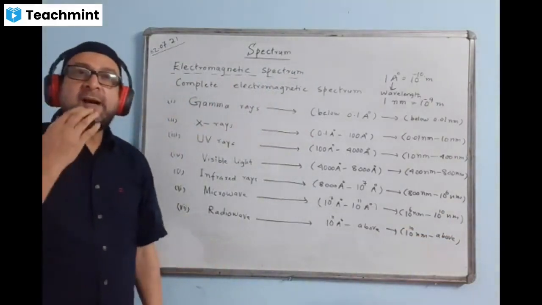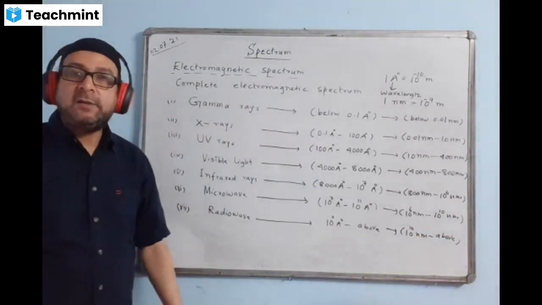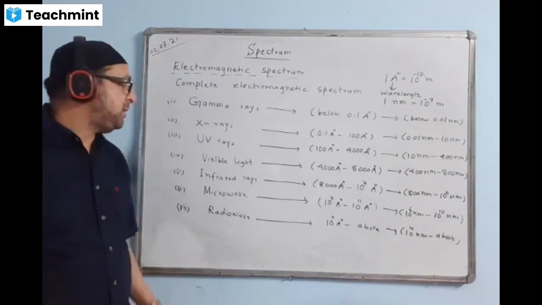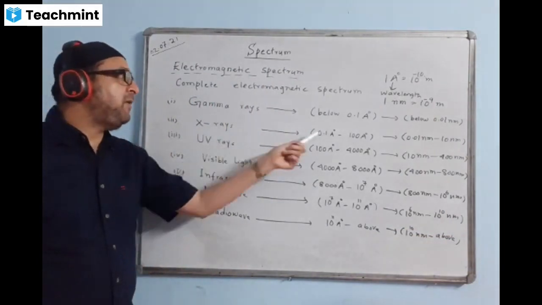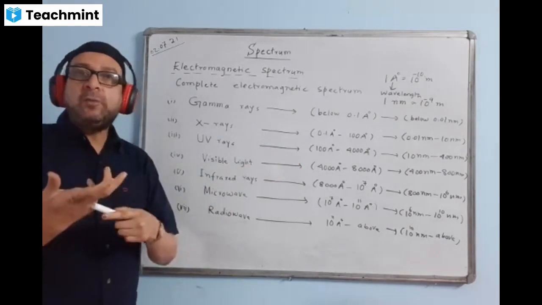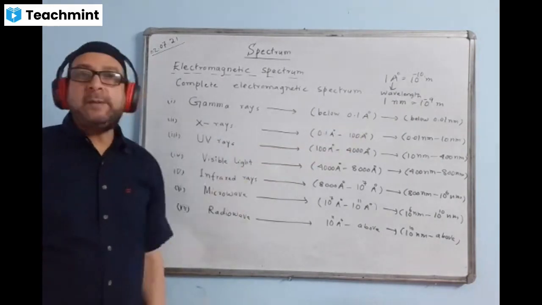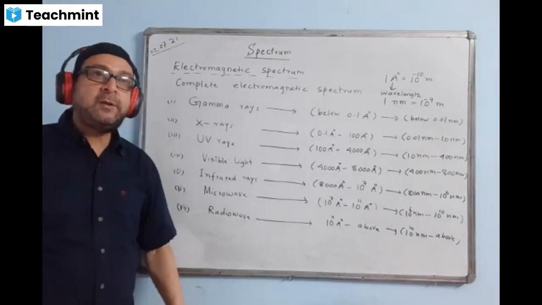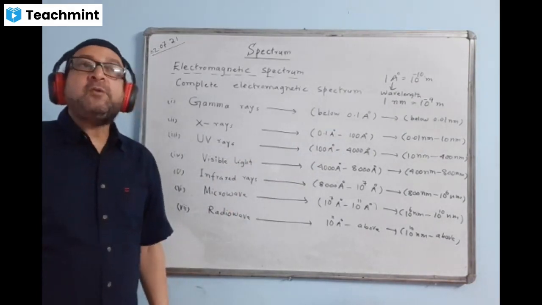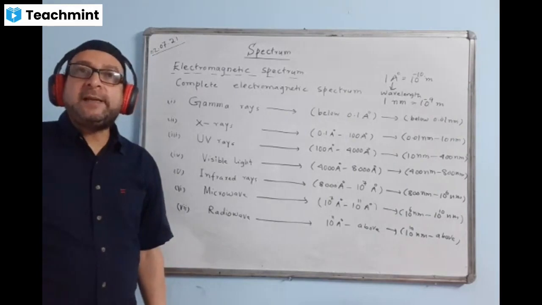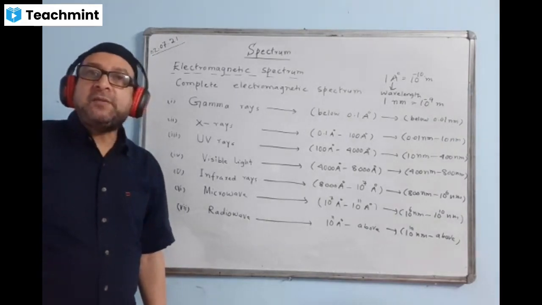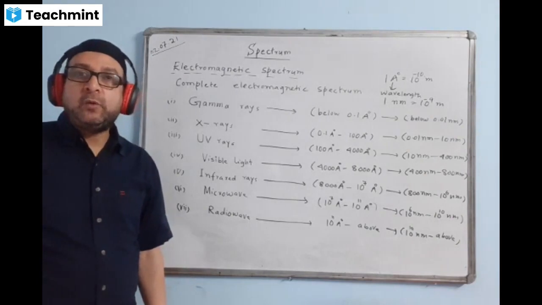In exam time they may even ask you, give the range of wavelength of X-rays, in angstrom or in nanometer. You can give in any one of the units. But a question may come like this: an electromagnetic wave has a wavelength of 60 angstrom.